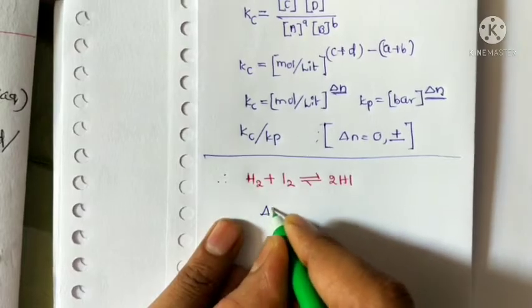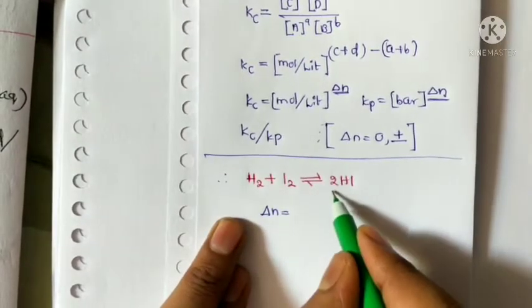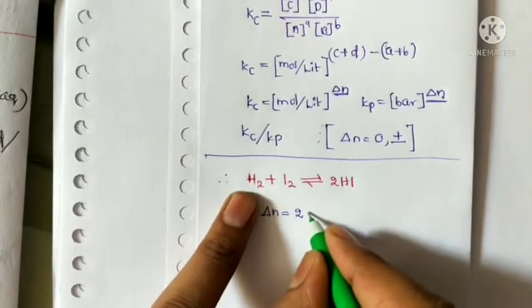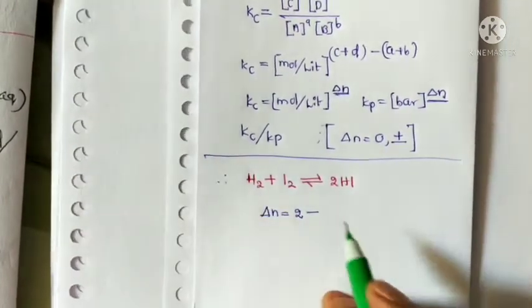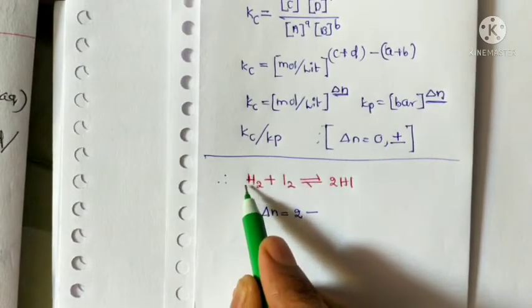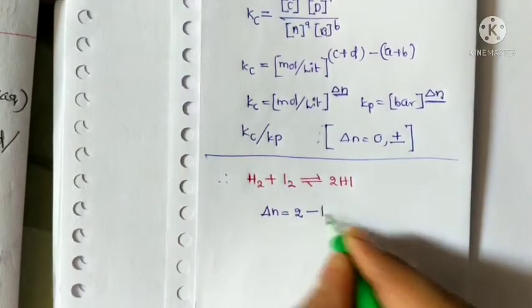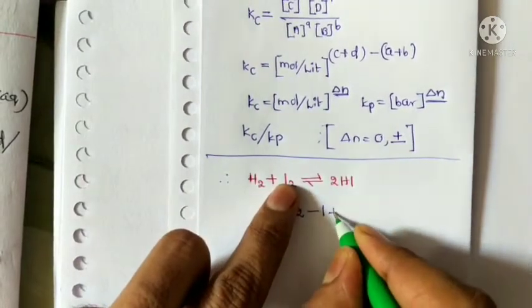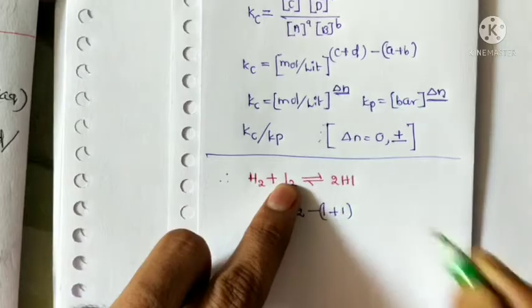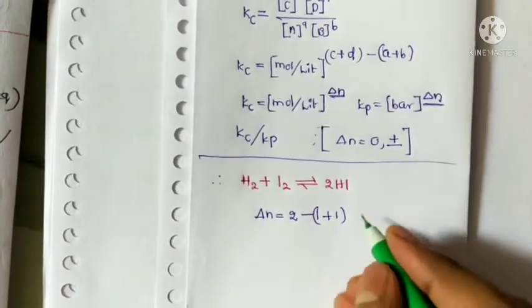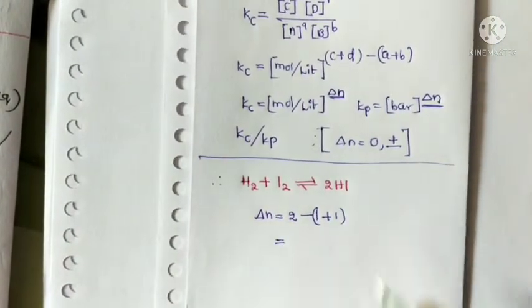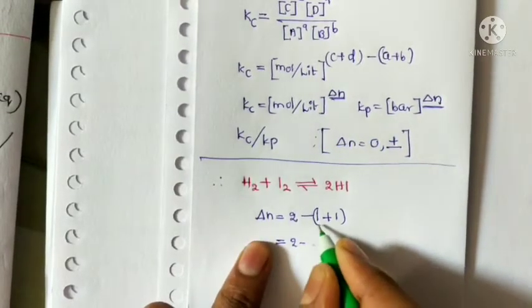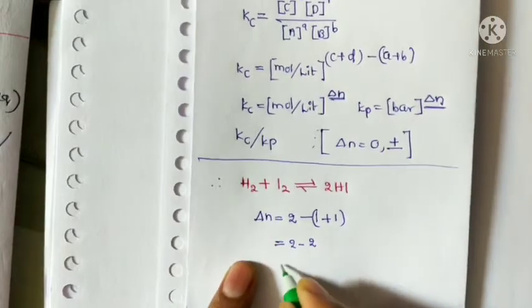Delta n is the number of moles of products, that is 2, minus the number of moles of reactants: hydrogen 1 mole plus iodine 1 mole. So 2 minus (1 plus 1), 2 equals 0.